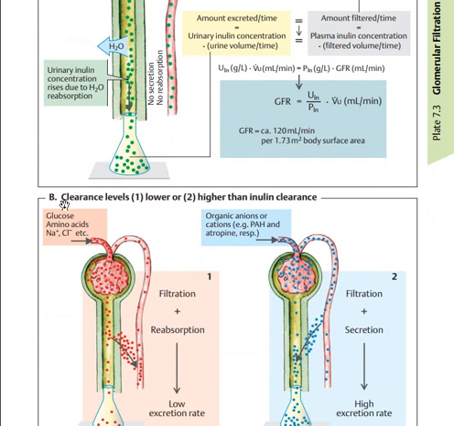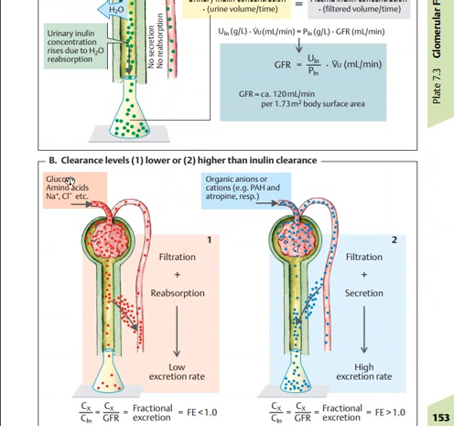Now in this other part, you have the reabsorption of an ion and the secretion of an ion. We are no more going to speak so much about the clearance, but about the fractional excretion. The clearance of inulin is equal to the glomerular filtration rate.